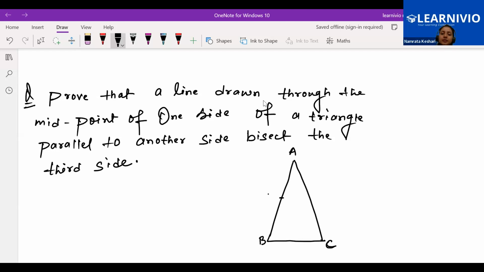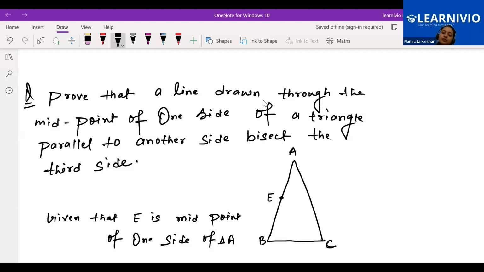Let's say here AB is having midpoint E. Given that E is the midpoint of one side of the triangle.